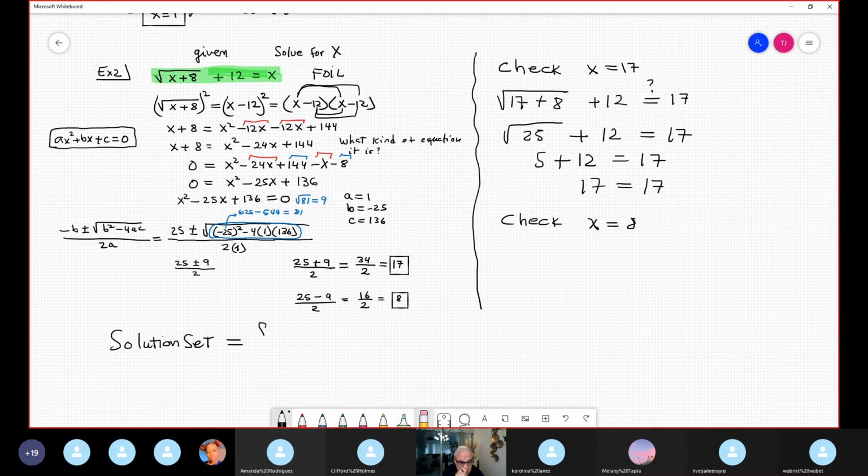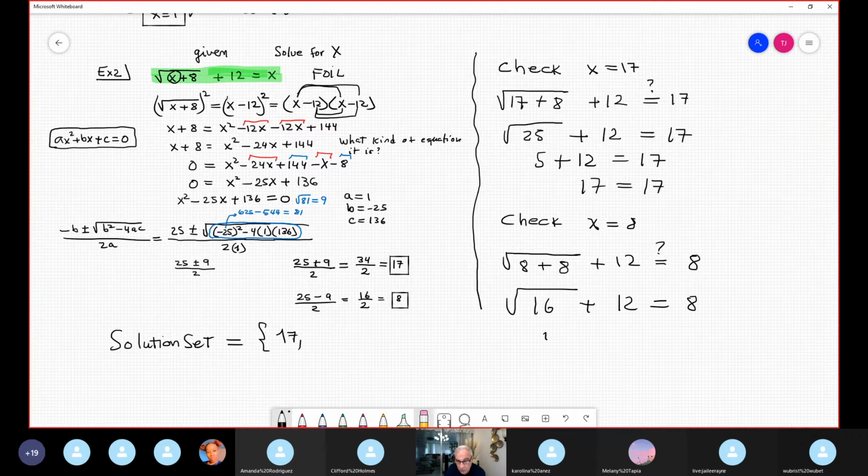So, inside my solution set, we have 17. Comma, I have no idea if 8 works or doesn't work. Again, plugging it into the original: x plus 8, so you replace x equal 8 here, plus 12 should be 8? Question mark. Again, 8 plus 8 is 16.